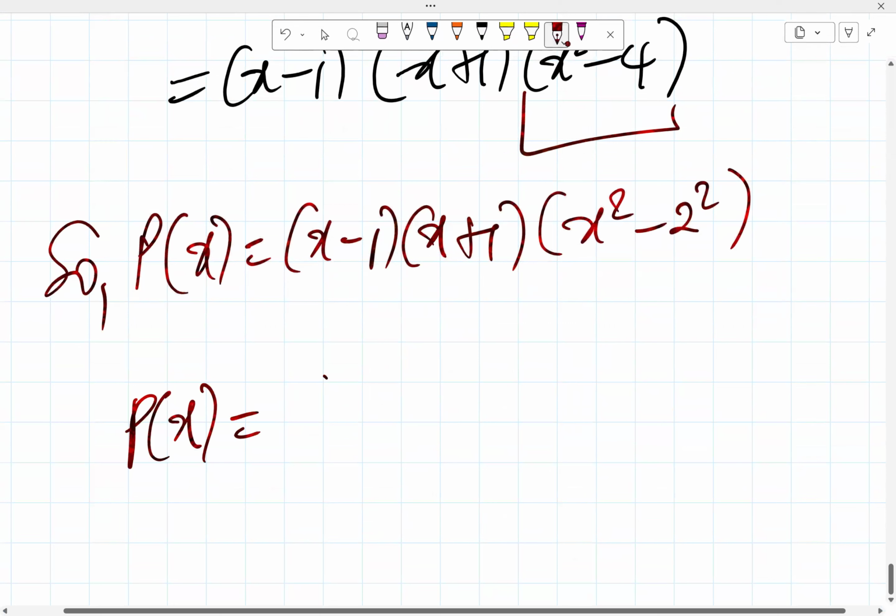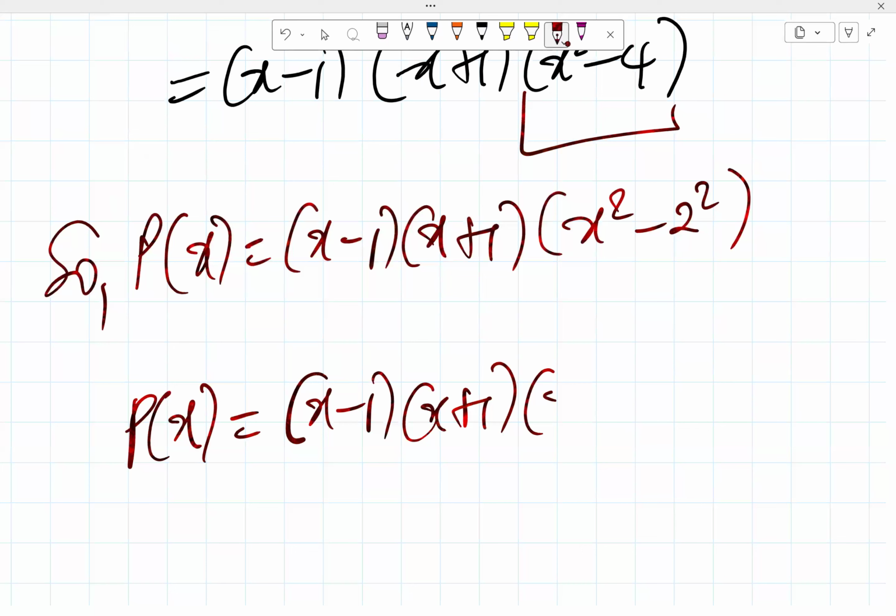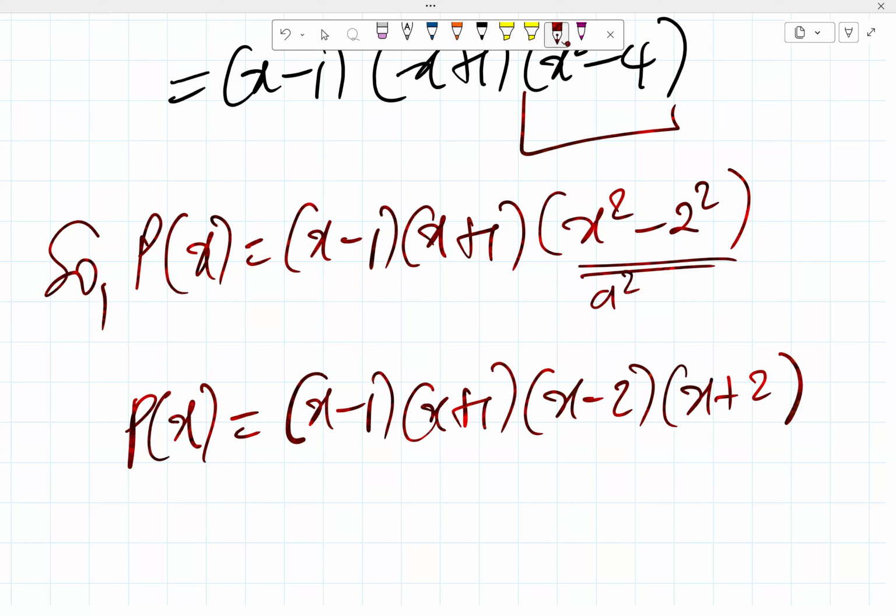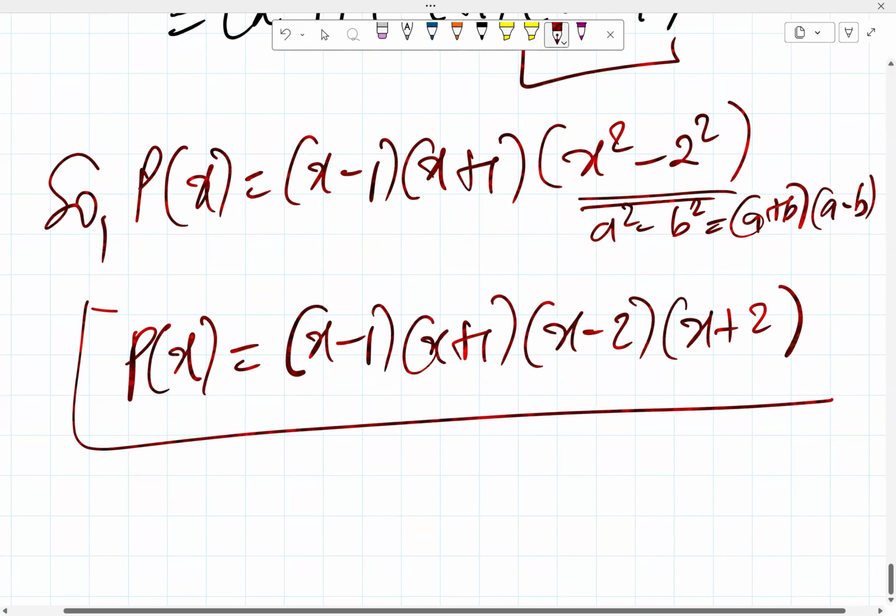So p of x is now x minus 1, x plus 1 into x minus 2, x plus 2. That's what difference of two squares is about: a squared minus b squared is always a plus b into a minus b. So finally, we are factorized completely.